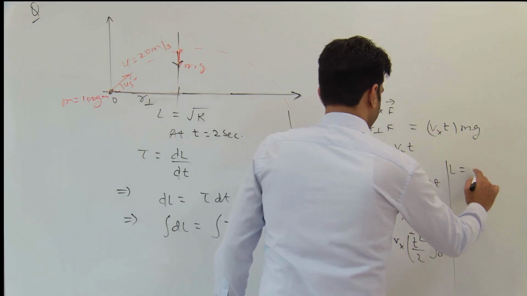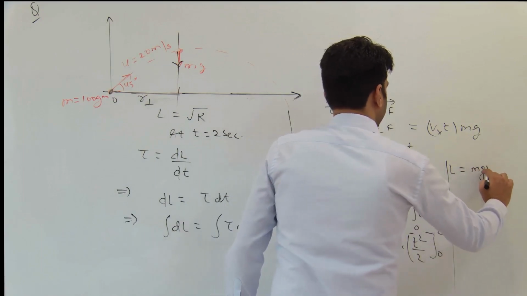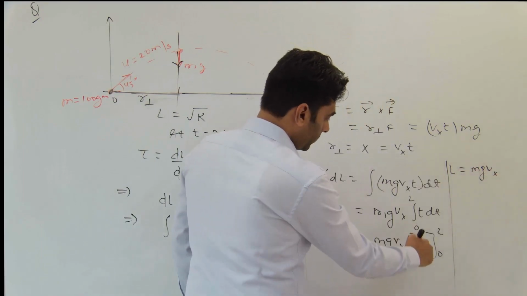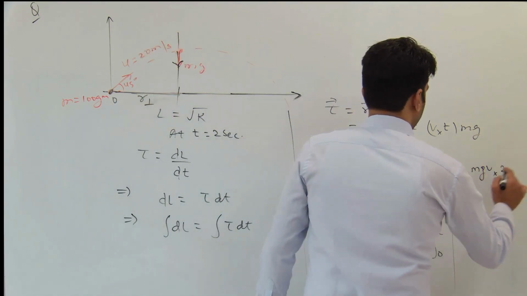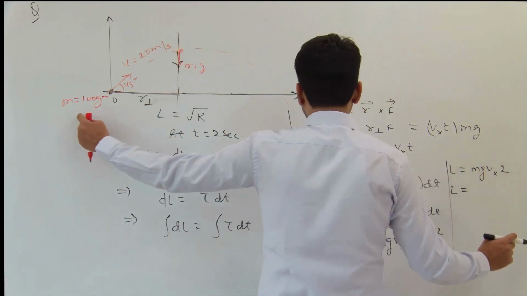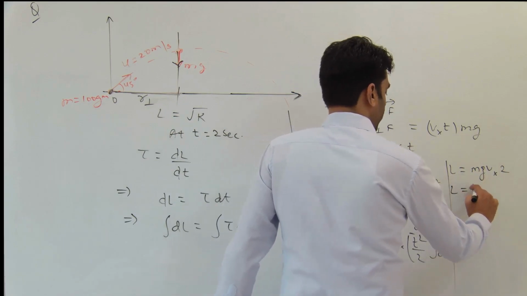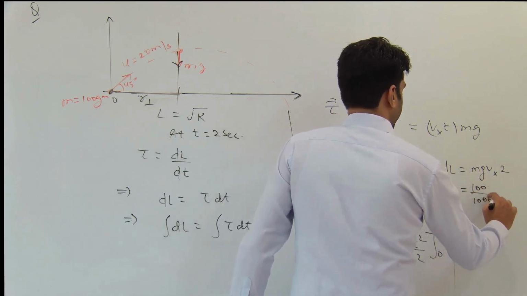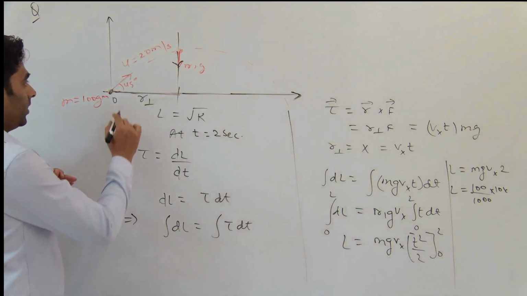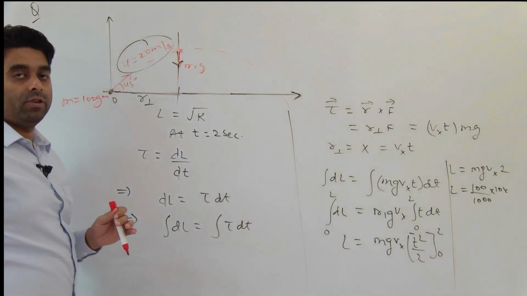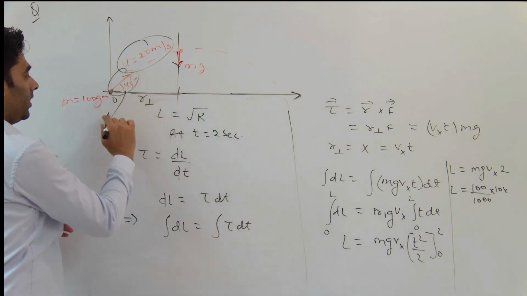So the L value is mg Vx into, if you put the value, 2 square is 4, 4 by 2 is 2. Mass is given as 100 grams, so 100 by 1000, into g is 10, into Vx. What is the Vx value? Initial velocity is 20, thrown at an angle of 45 degrees.